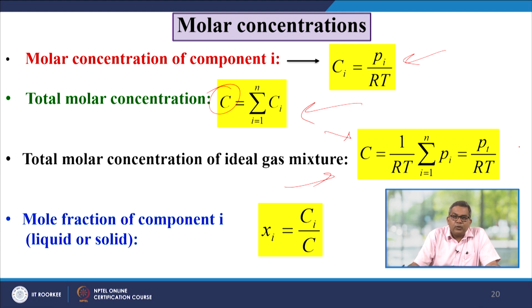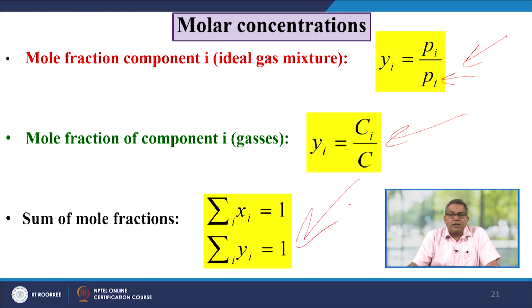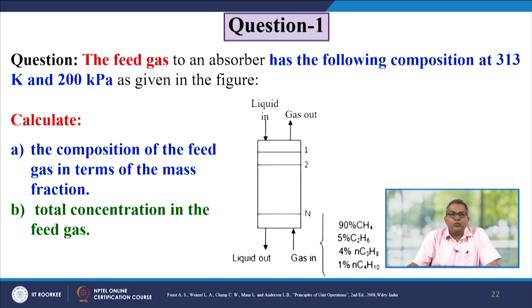The mole fraction of component i, very common in liquids or solids, is Xi equals Ci over C, and the mole fraction of component i in an ideal gas mixture is Yi equals Pi over Pt, the total pressure. In gases it can also be given in terms of concentration, Yi equals Ci over C. The sum of the mole fractions, summation Xi equals 1 and summation Yi equals 1.